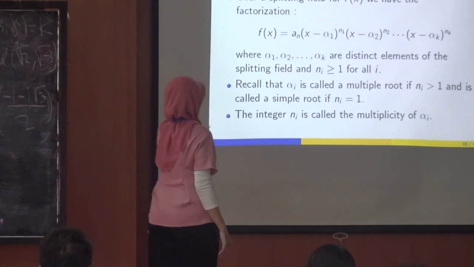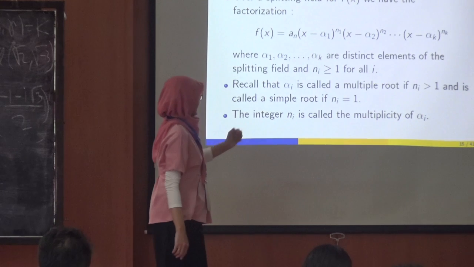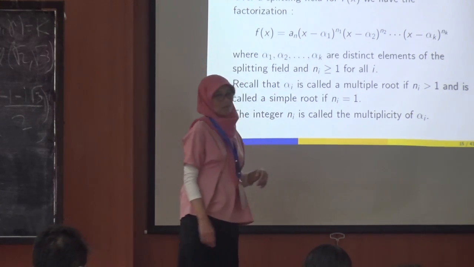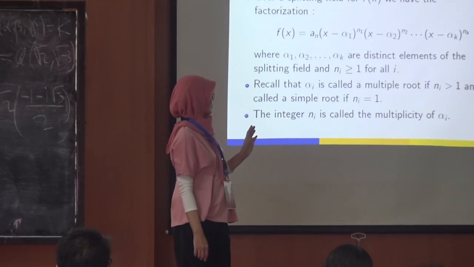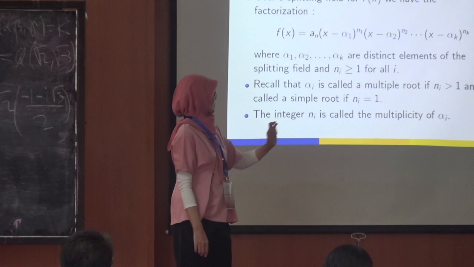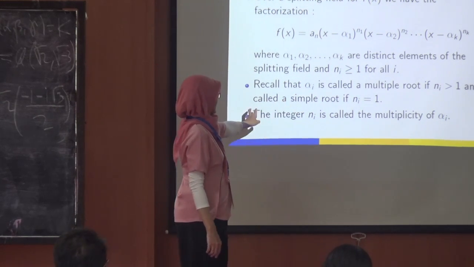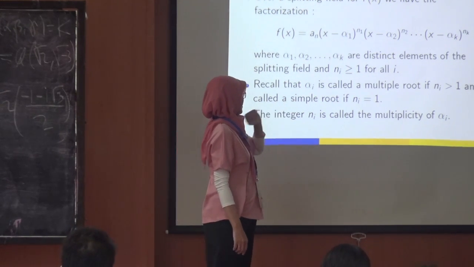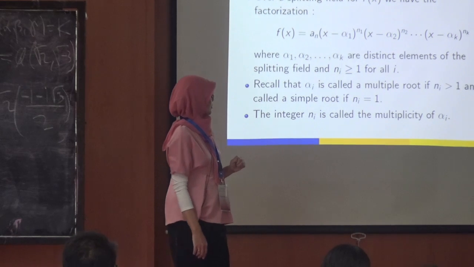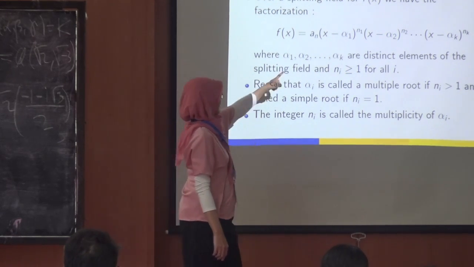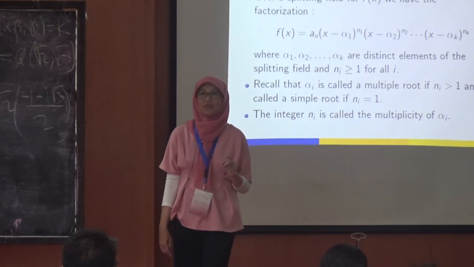Where alpha 1 to alpha k are distinct, and each n_i is greater than or equal to 1 for all i. So alpha i is called a multiple root if n_i is greater than 1.